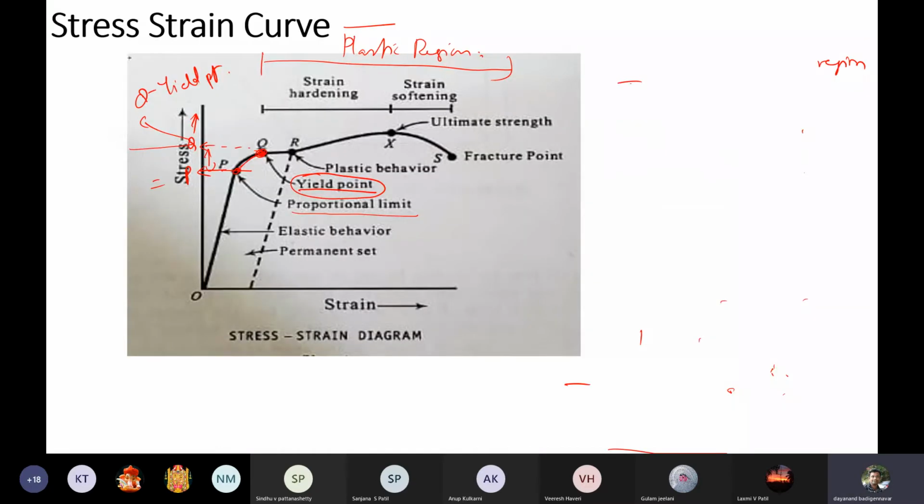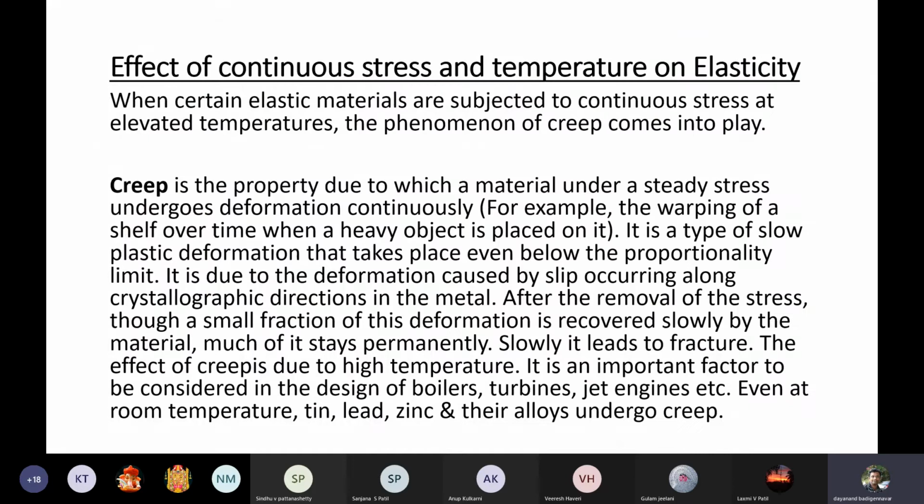Now let us go for the very important effect. This elasticity is actually dependent upon the temperature and the applied force. The elasticity property depends on the applied stress, the stress you have applied, and the temperature.